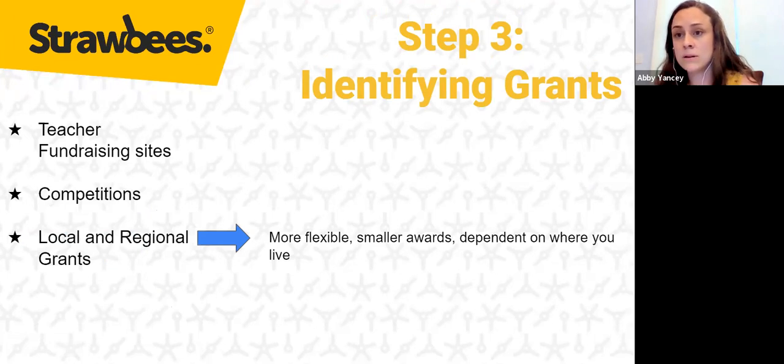They may have smaller awards, but usually these are from local businesses or foundations that support schools, or service organizations such as Kiwanis. There are smaller awards, but they fund lots of them. These do depend on where you live. But the great thing is they have a higher chance of being funded, and they can help you build confidence as a grant writer if you're new to writing grants.